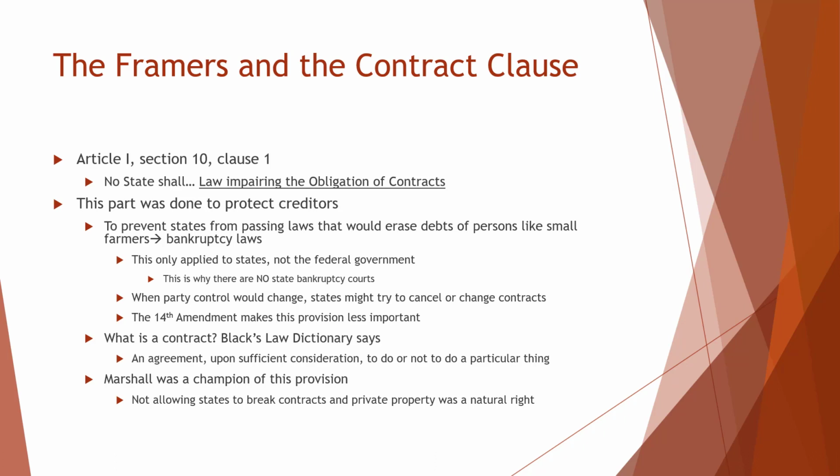If you have debts, other than student loans, which basically can't be canceled in bankruptcy court very easily, at a certain point people have the option of declaring bankruptcy. Basically, you owe way too much money and you don't have the ability to pay it off.